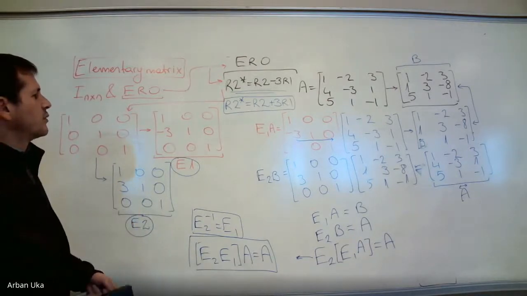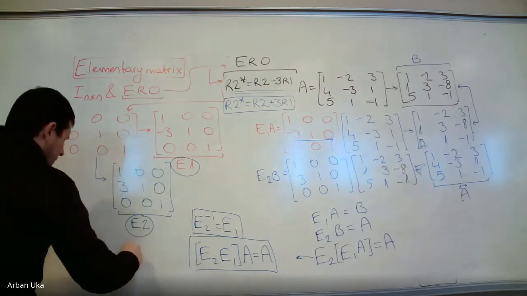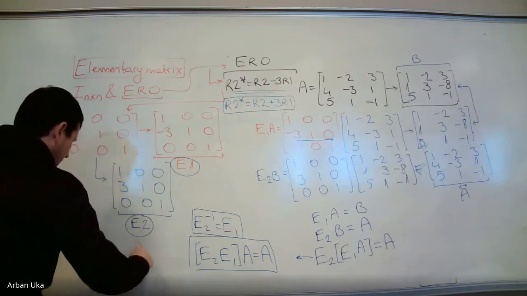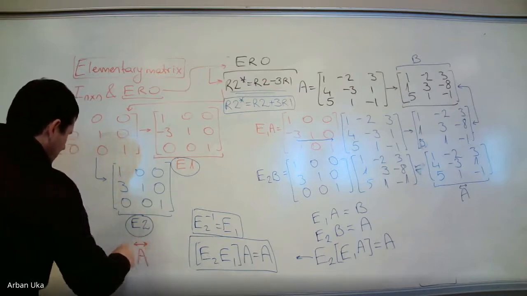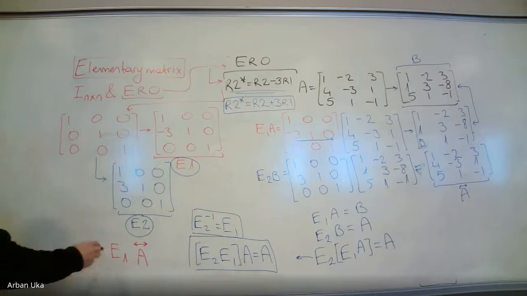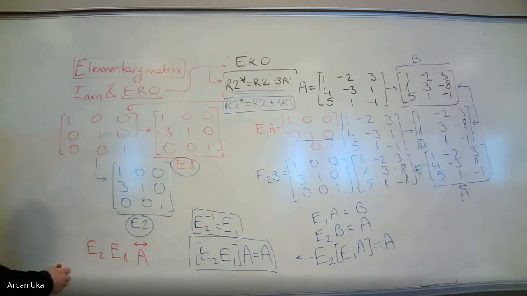Because this is equivalent to having the following. Let's assume that we have the matrix A, then we apply the matrix E1, okay? And then we apply the matrix E2. But these are inverses of each other.